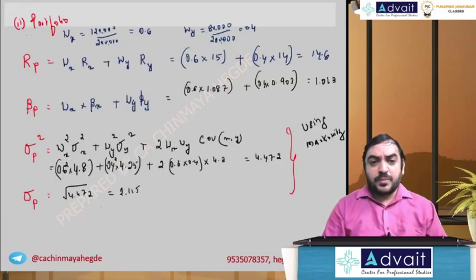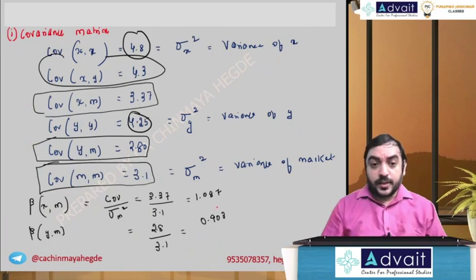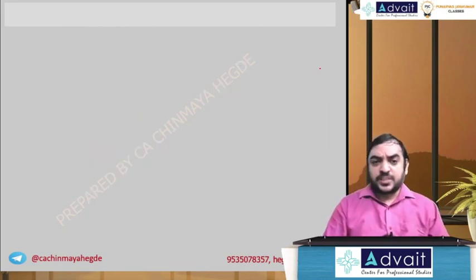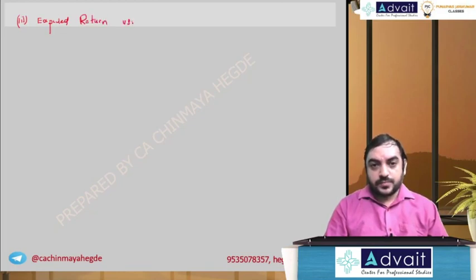We calculated beta of security X in the first part of the problem. While coming to the second part, beta of X we have calculated, beta of Y we have calculated, and beta of the portfolio also we have calculated. So we'll be able to calculate expected return. So let's calculate, in the third part of the question, expected return using CAPM.